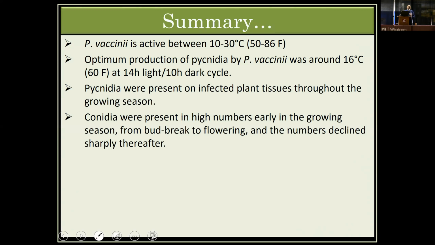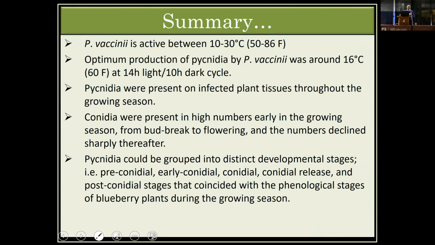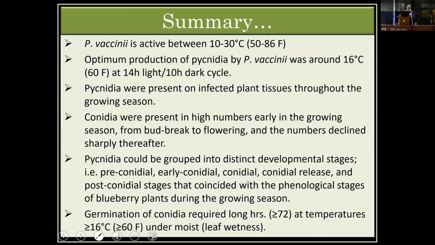The infection takes place only early in the growing season, from bud break to flowering. And we can group these Pycnidia into 3 different stages: pre-conidial, early conidial, conidial and conidial release stages, and also the post-conidial stage, which coincided with the different developmental stages of the blueberry plant.